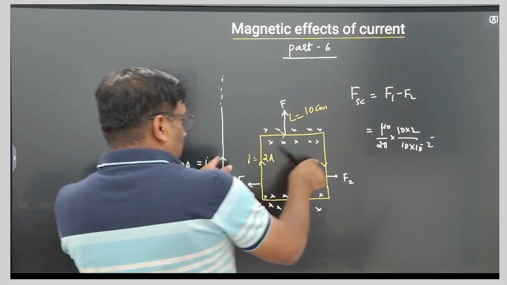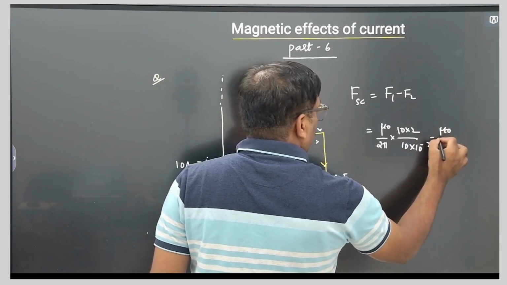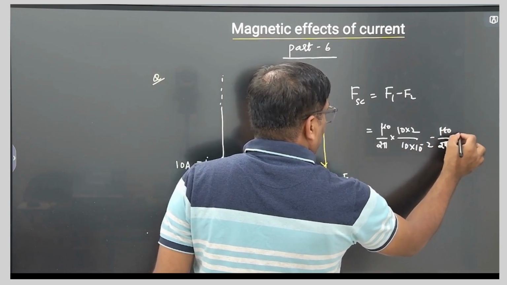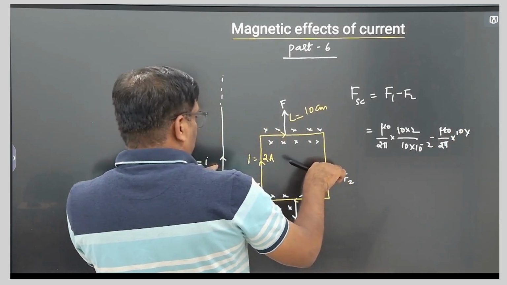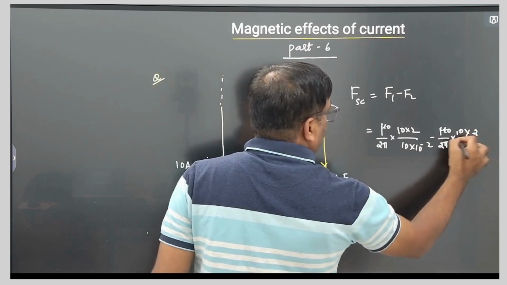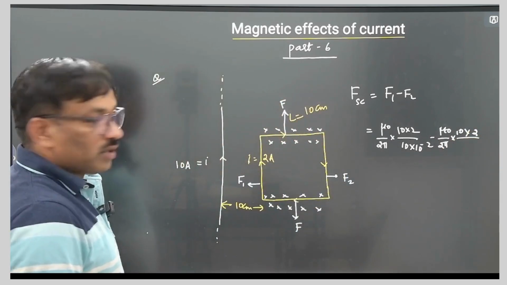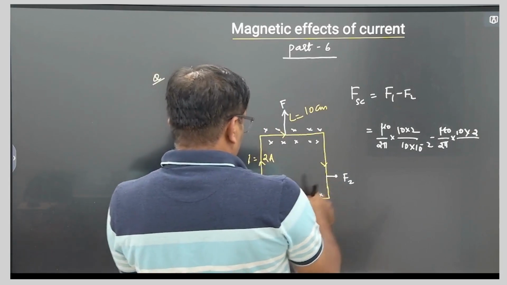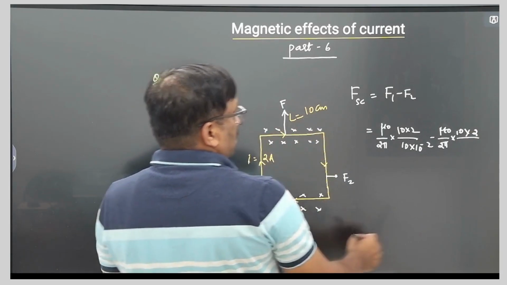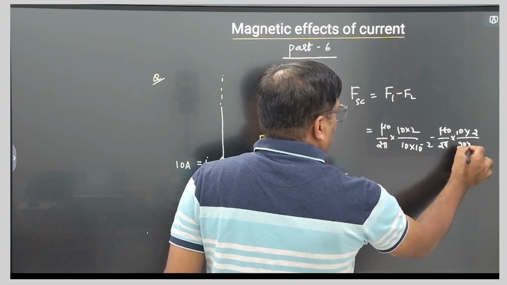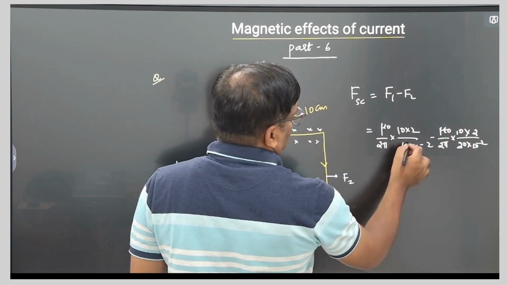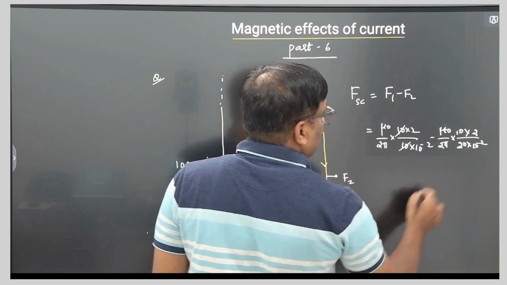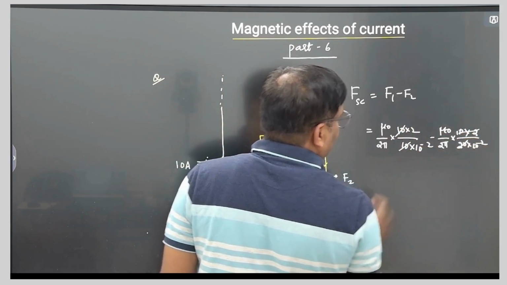Then for F2, mu naught by 2 pi into 10 into 2, divided by the distance, which is 10 plus the length of the coil 10, so 20 centimeter, 20 into 10 to the power of minus 2. Clear?